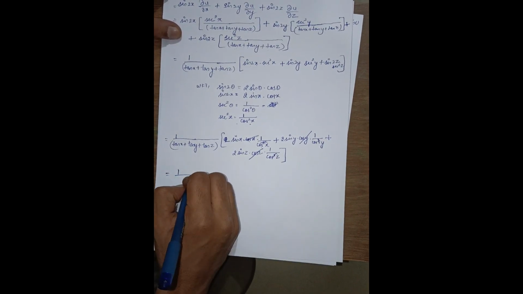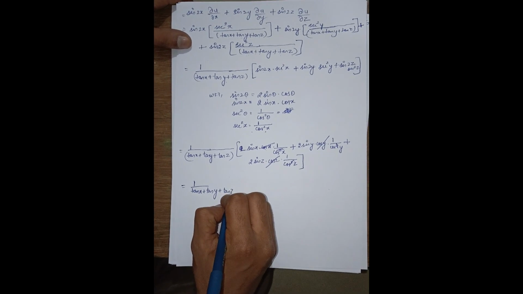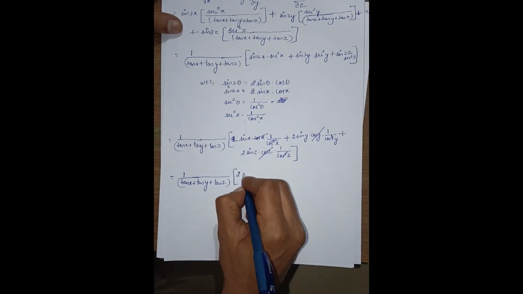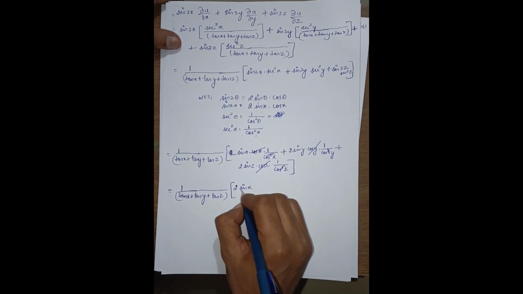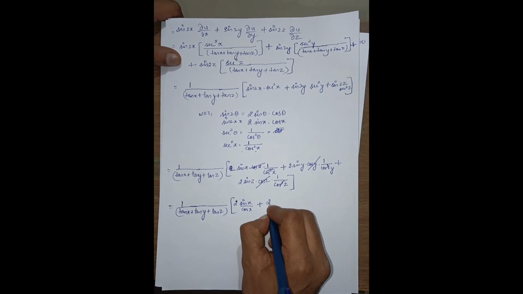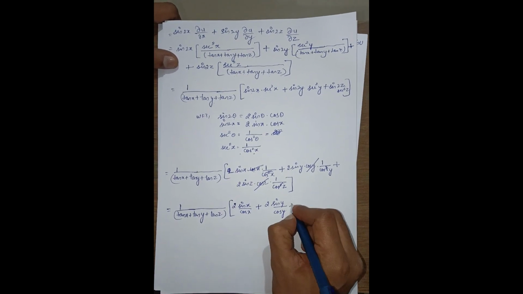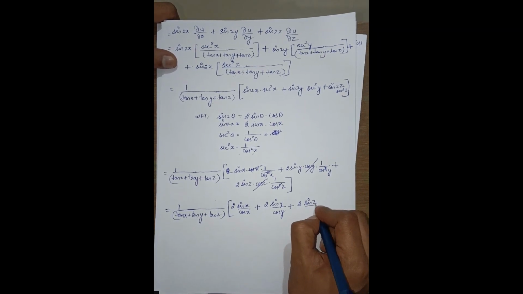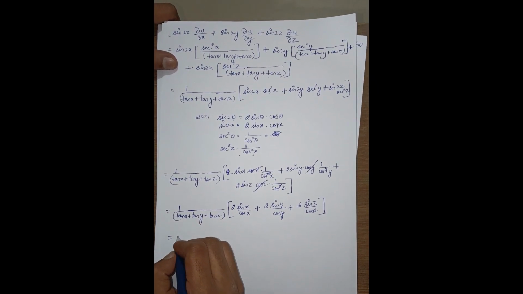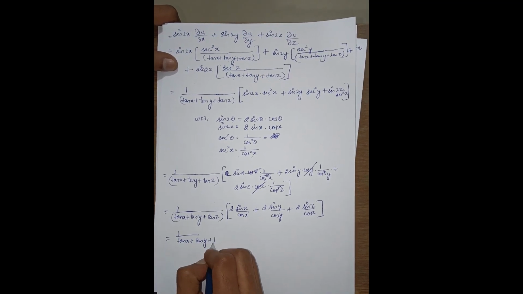Now we will rewrite the equation: 1 by tan x plus tan y plus tan z into 2 sin x by cos x, because one cos is cancelled and one is remaining, plus 2 into sin y by cos y plus 2 into sin z by cos z.